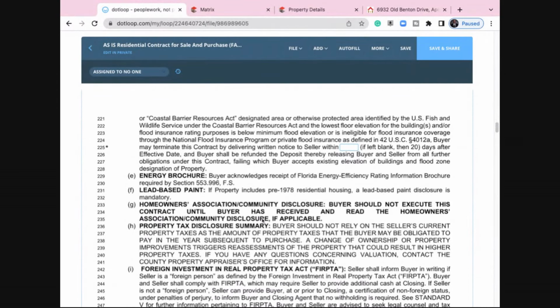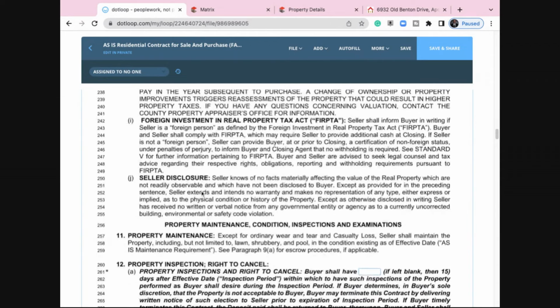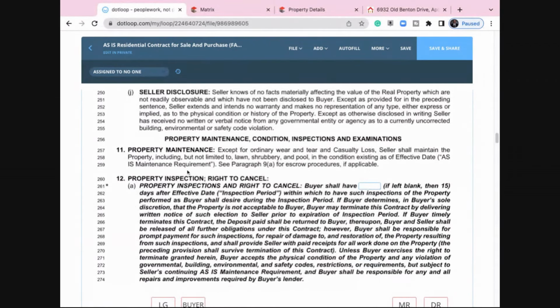We have the lead-based paint. It says that any home that is older than 1978 must include the lead-based paint form. Okay. All right. So this is for foreign buyers, FIRPTA. We have the seller disclosures and property maintenance. Okay.